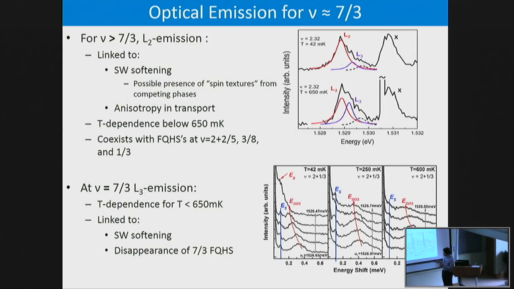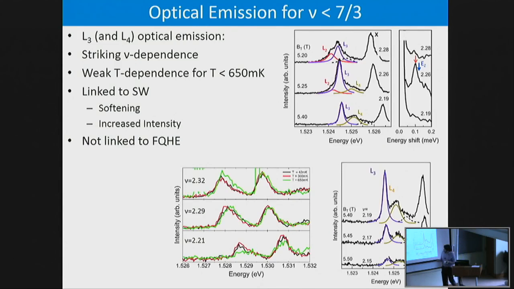But the last results we're going to discuss are those concerning this so-called L3 emission, which corresponds to a filling factor range in which there's really no observation of fractional quantum Hall states.